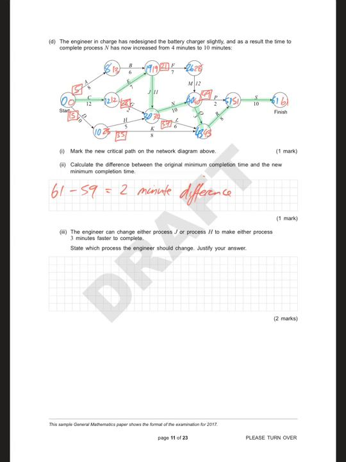The engineer can change either process J or process H to make either process 3 minutes faster. State which process the engineer should change. J or H. H is not on the critical path. H has a slack time, so it's not going to affect it. J should be changed to be faster because it is on the critical path.